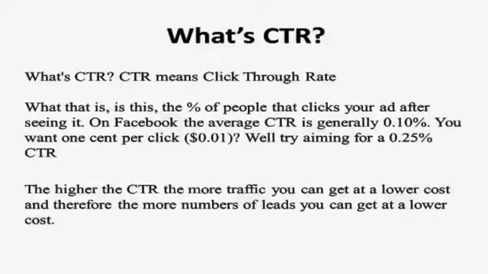What that is, is the percentage of people that click your ad after seeing it. On Facebook, the average CTR is generally 0.10%. You want 1 cent per click? Well, try aiming for a 0.25% CTR. The higher the CTR, the more traffic you can get at a lower cost, and therefore the more numbers of leads you can get at a lower cost.